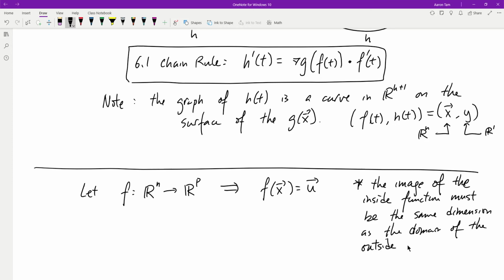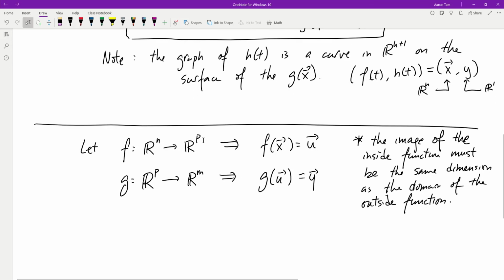If that is not the case, then you don't have the proper vector to plug into the outside function for the composition to work. So in this scenario, we have to define g to start from Rp so that it works with the output of f and maps into Rm. So g takes in vector u and gives out vector y. It's extremely important that the output of the function f has a dimension that matches the domain of g. Otherwise, the composition wouldn't work.